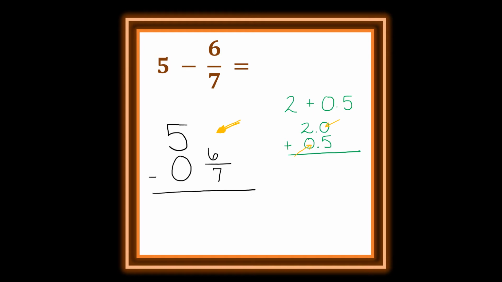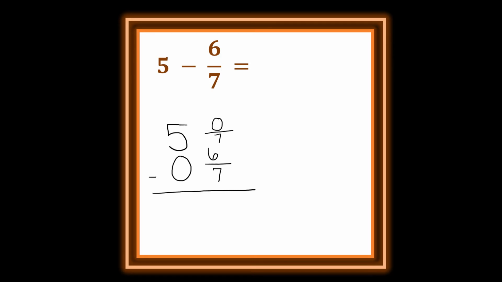So when I write my 0, I'm going to use the denominator 7 because I'm already using that in my problem. So I'm going to have a 7 here, and then I'm just going to write a 0 above it. That way it won't create any more work for me later on. Let me erase this.